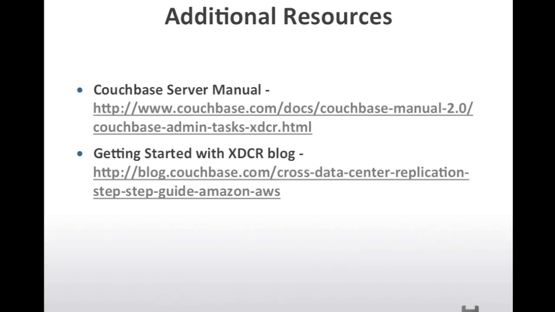Sure. If you have node 1, node 2, and node 3, and a certain set of documents which are active on node 1, we don't actually keep the replicas for those documents in node 1. We keep them in different nodes. The reason we do that is for high availability.